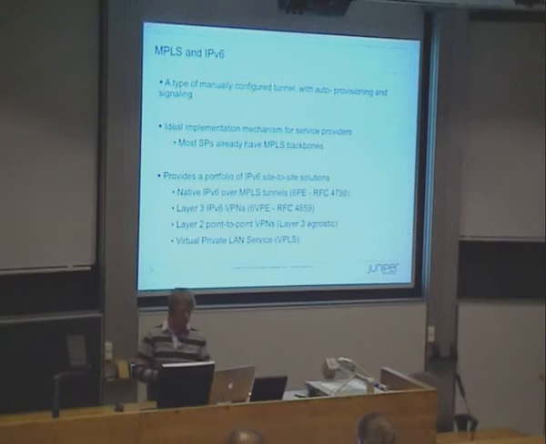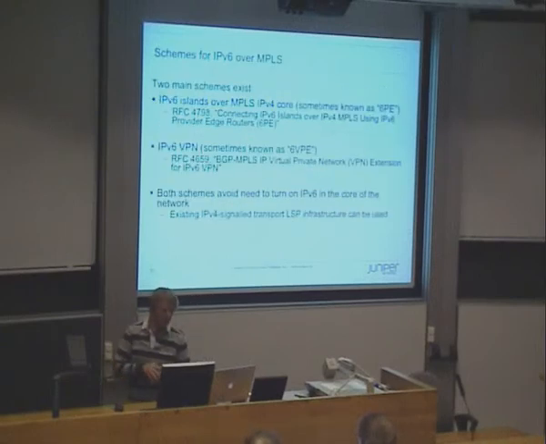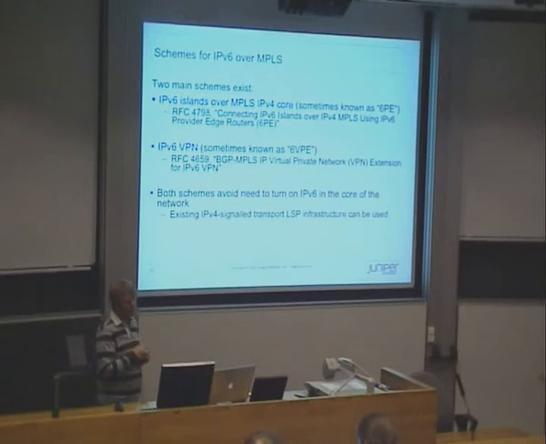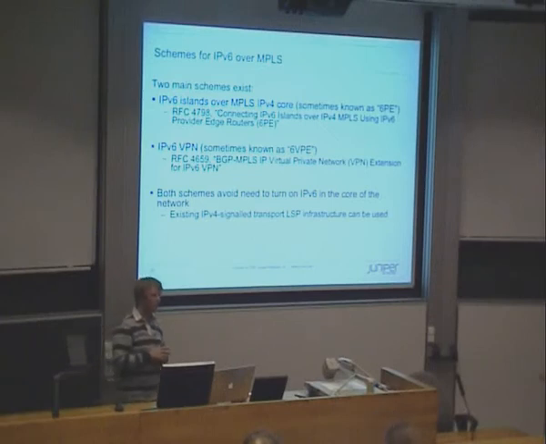But if you look into the two major schemes for IPv6 in an MPLS environment, one is to use the normal MPLS encapsulation, LSPs. An LSP is the label switched path through the backbone. So it's like a tunnel, but it's based on the normal IPv4 routing.